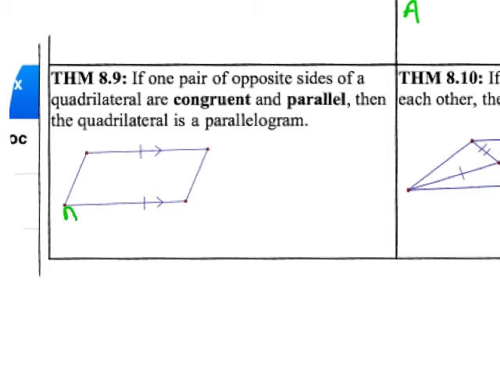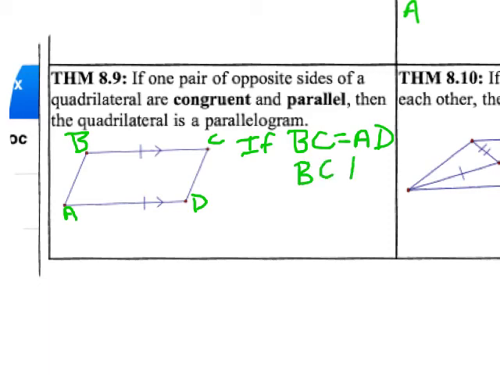So if I know that BC equals AD, and BC is parallel to AD, these are parallel symbols, then, you guessed it, ABCD is a parallelogram.